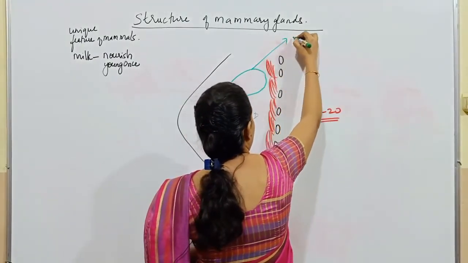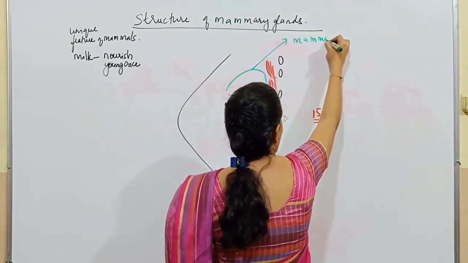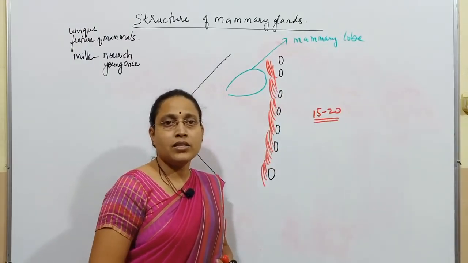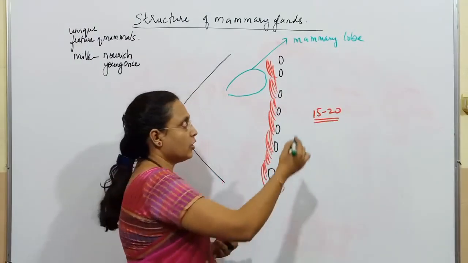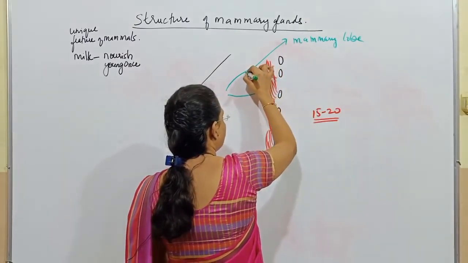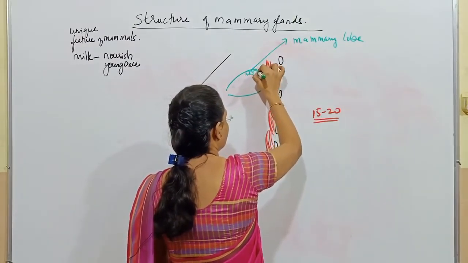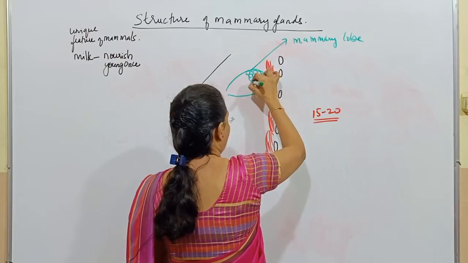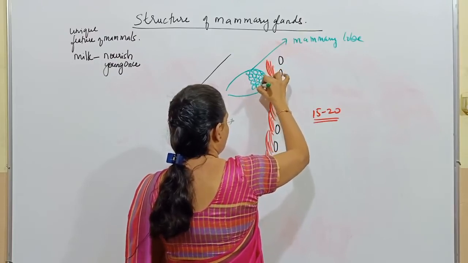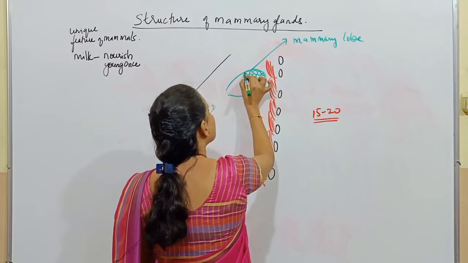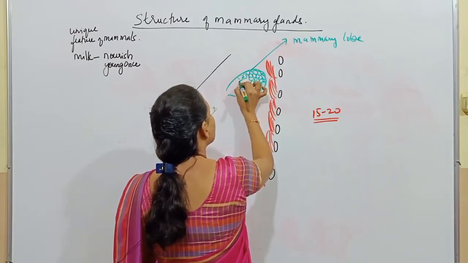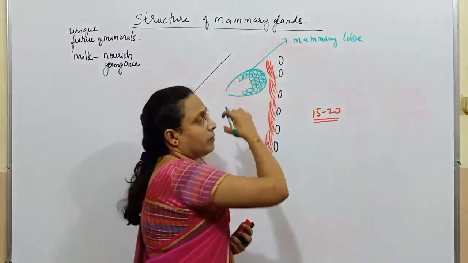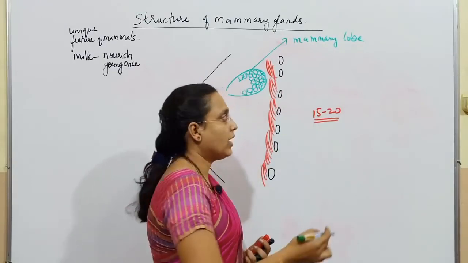So, this is the mammary lobe. Inside these mammary lobes, there are several milk secreting units called alveoli. Like this, the lobe will have several alveoli.